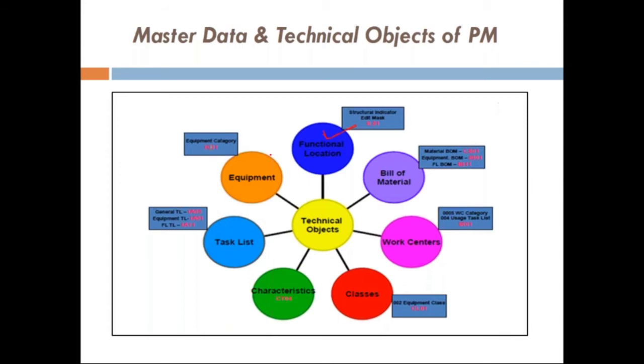Next, after that, we will go to the equipment. So what is equipment? Equipment is an individual machine, like your diesel generators, pumps, and boilers. When we go to the training, we will see how equipments are created, how they are installed at a functional location, and what the different types of equipments are.